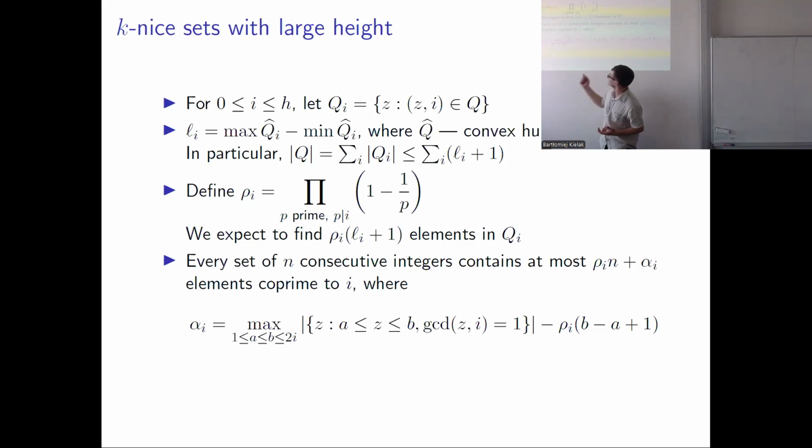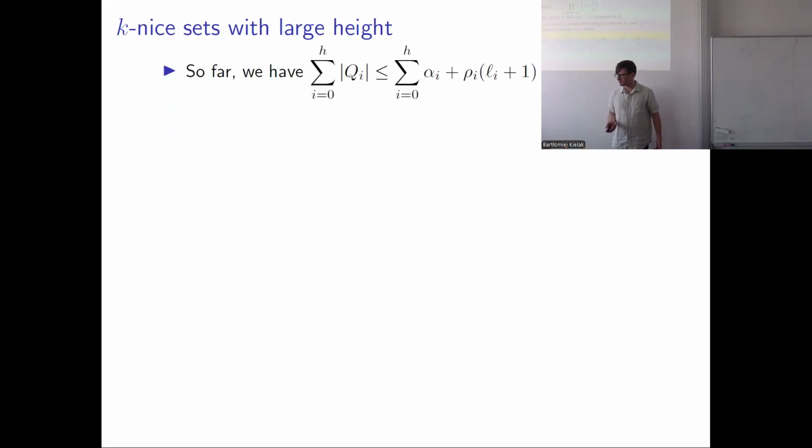There is some specific formula for it, but it can be done by computer, and it's basically nothing that should worry us too much. But thanks to that, we are able to write that the size of Qi is at most this error alpha i plus the length of the interval times this probability, rho i. So the size of Q is just the sum of those things.